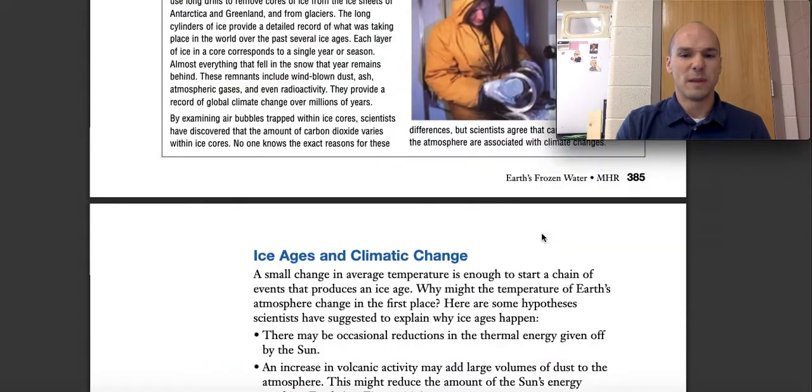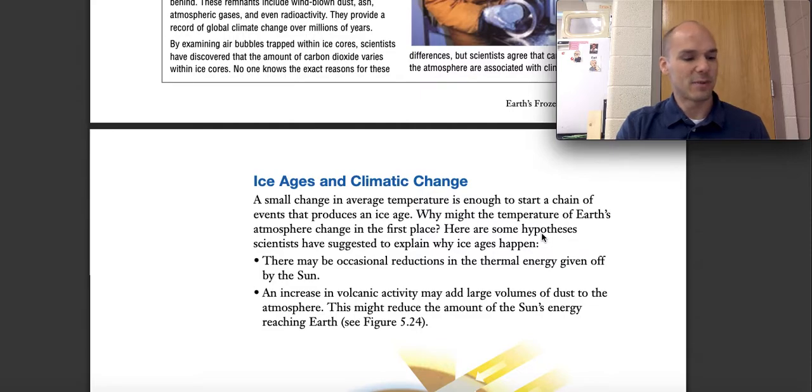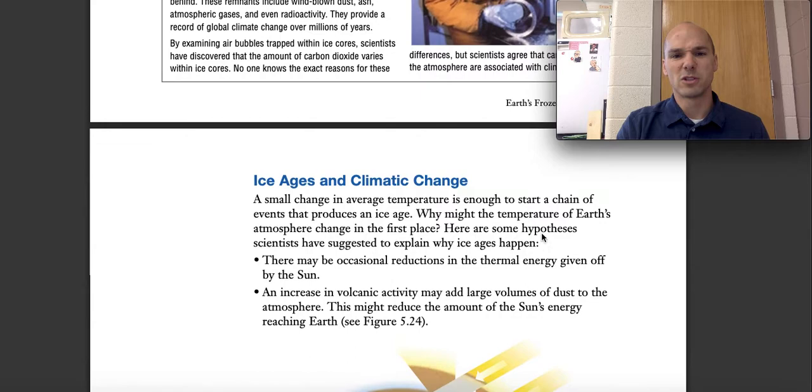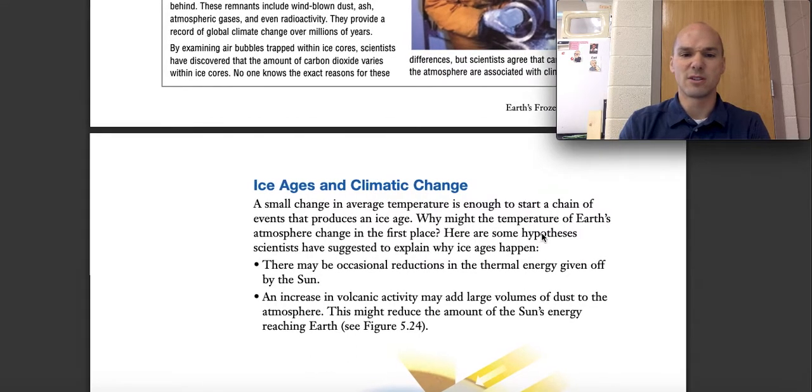Let's go on now to page 386, and we're going to talk about ice ages and climatic changes. A small change in average temperature is enough to start a chain of events that produces an ice age. Why might the temperature of Earth's atmosphere change in the first place? Here are some hypotheses scientists have suggested to explain why ice ages happen.